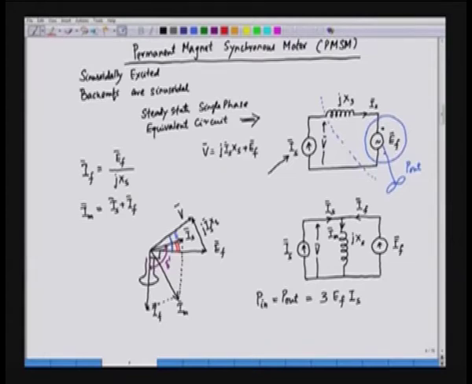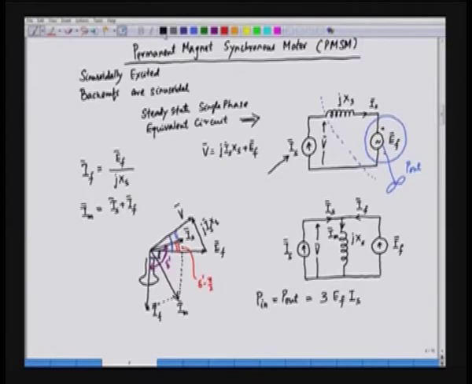So, this is the delta prime here, and this angle is pi by 2. So, the angle shown here is delta prime minus pi by 2.